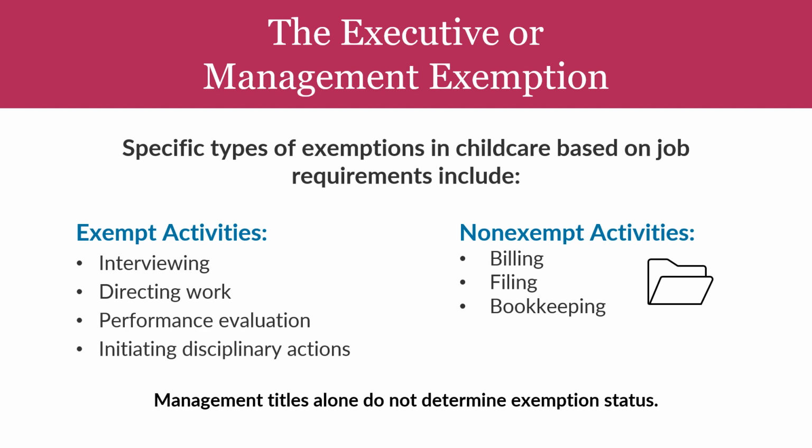The exemption criteria that is the vaguest and most commonly misapplied has to do with an employee that performs administrative duties. An exempt administrative employee regularly exercises discretion and independent judgment, devotes more than half their time to performing specialized or technical work that requires special training, experience, or knowledge, and earns at least $250 a week on a salary basis.